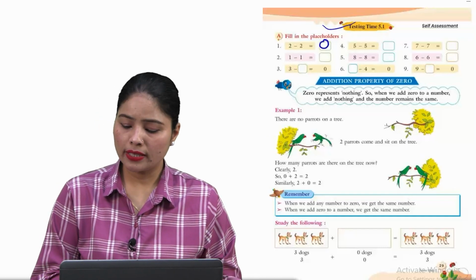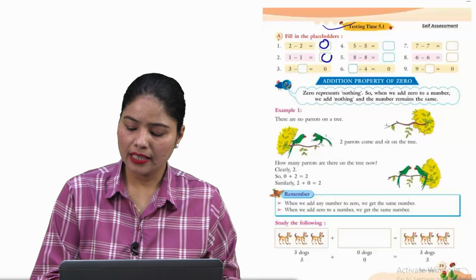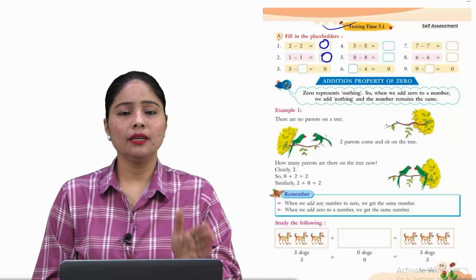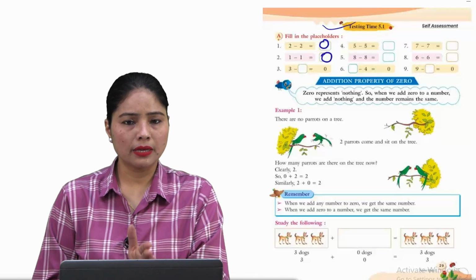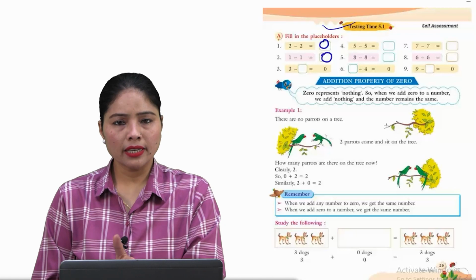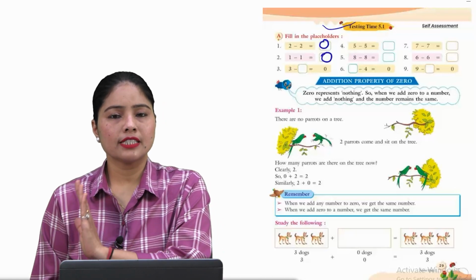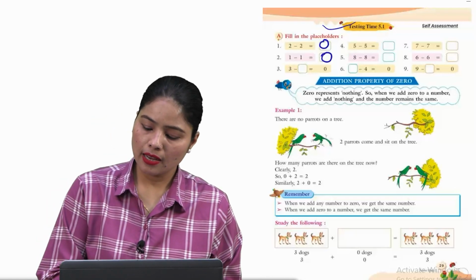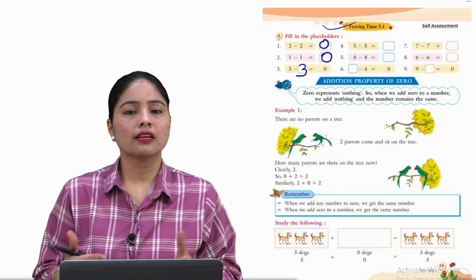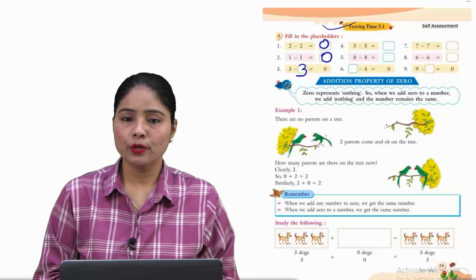So 1 minus 1 is nothing. Nothing means 0. And the third one is 3 minus how many is equal to 0. 3 में से आप क्या माइनस करोगे? Then your answer is 0. Obviously, अगर हम 3 में से 3 ही माइनस कर देंगे, then we will get nothing. Okay? I hope you understood.